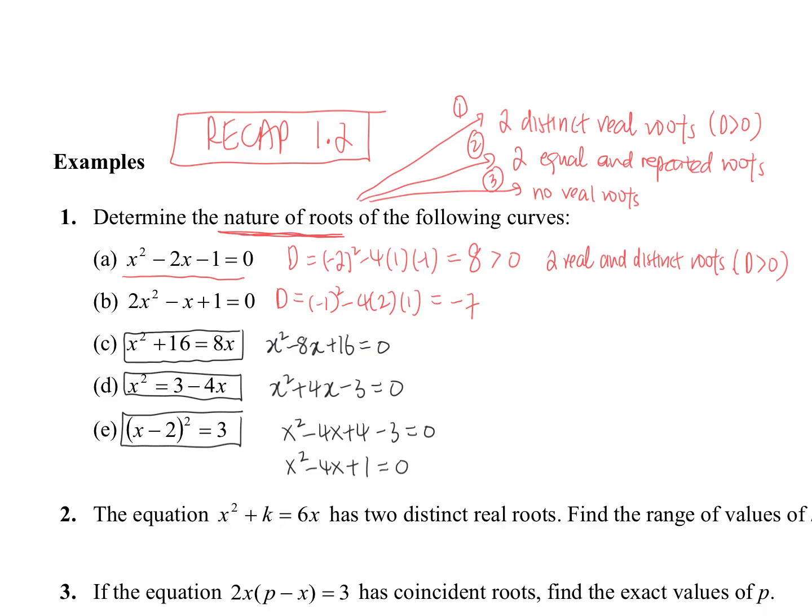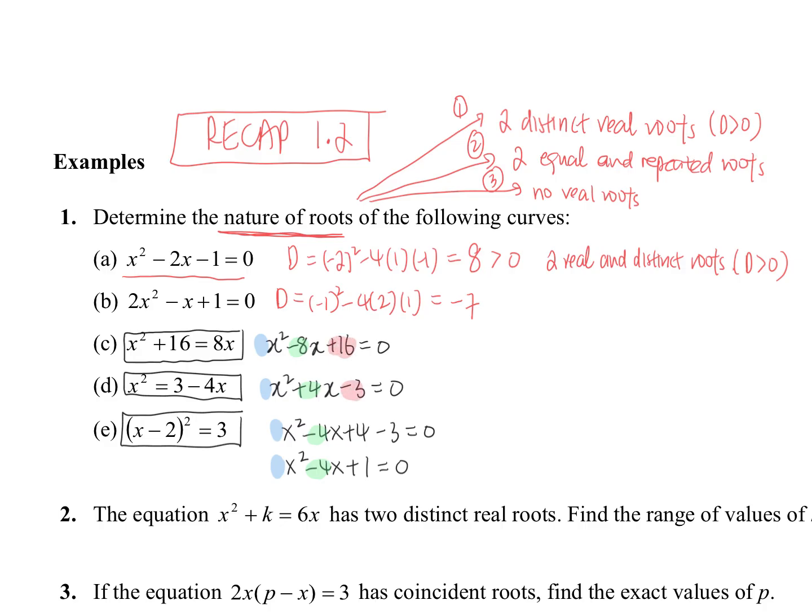So make sure you rearrange until it is something x squared plus something x plus constant. Then your ABC will be accurate. So your A, your B, your C, you must read the correct value. Otherwise, it's all wasted.